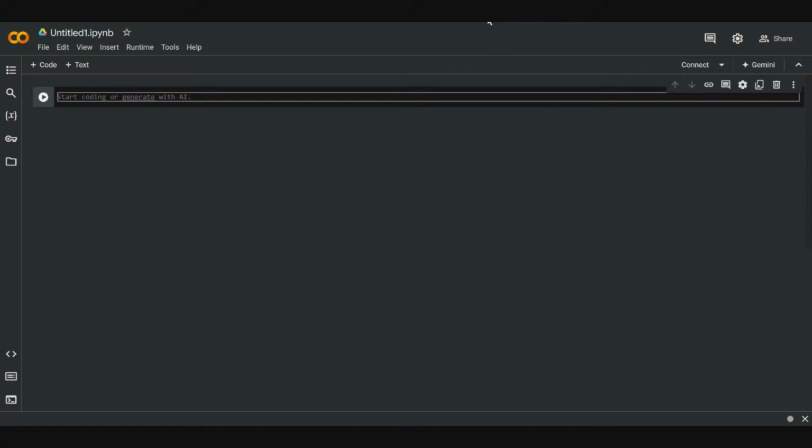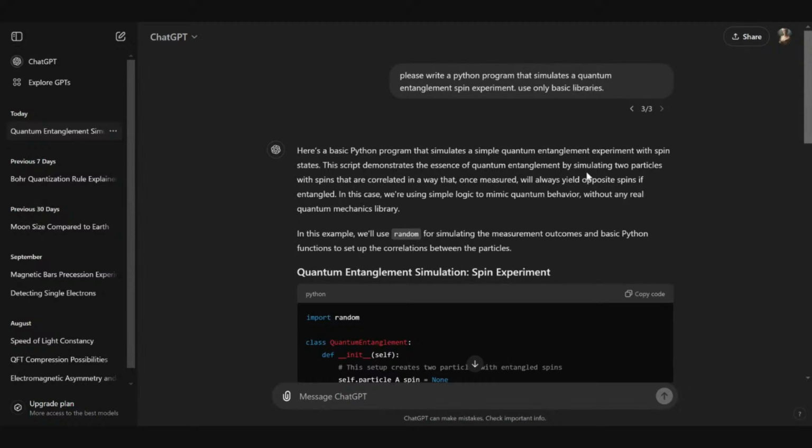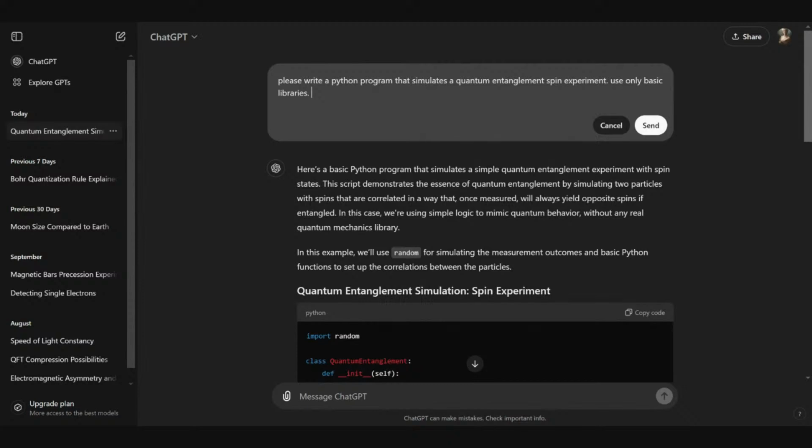Okay, we're going to have to ask ChatGPT for this code. I don't know what else to say. So I need you. Let me look at the other code that the other AI gave me.